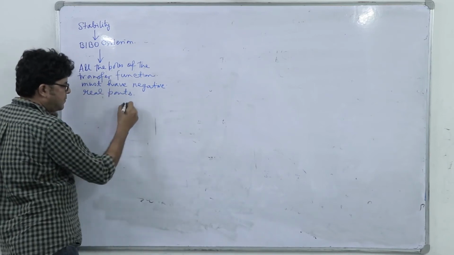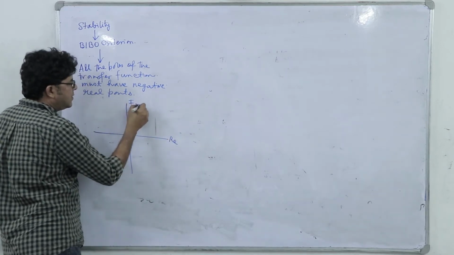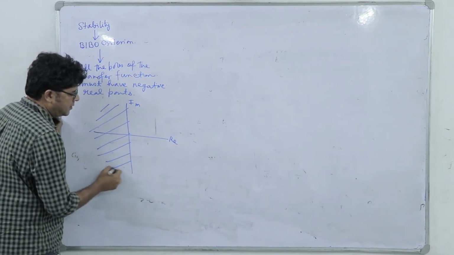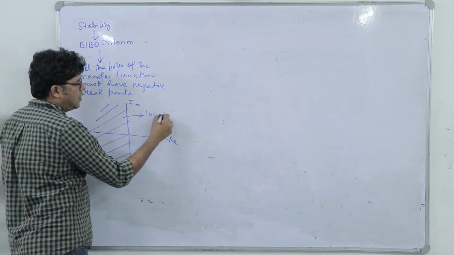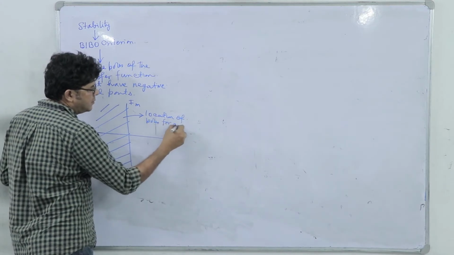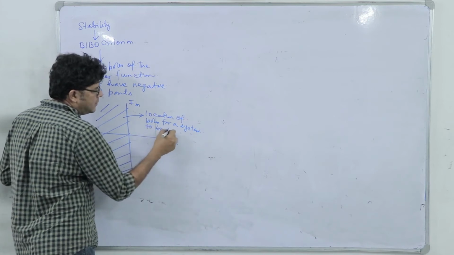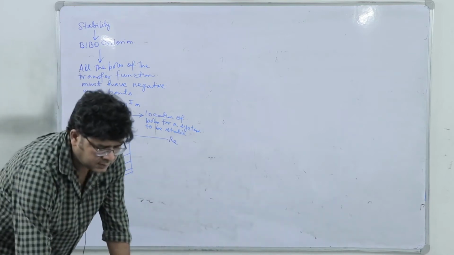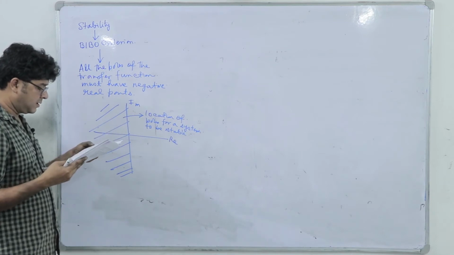That is, if I draw an s-plane, this is the region of stability, the location of poles for a system to be stable. Right. So that's the outcome of this BIBO criteria.